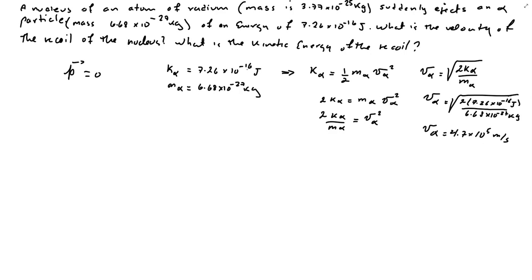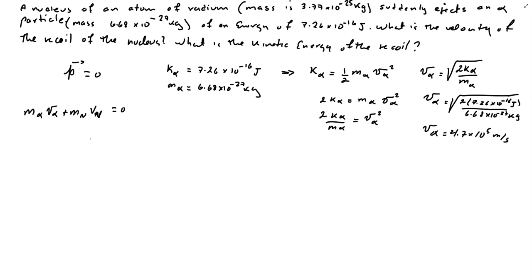Now, once we know the velocity of the alpha particle, we can use the law of conservation of momentum. As we know that the total momentum of the system will be zero, we can say that the mass of the alpha particle times the velocity of the alpha particle plus the mass of the nucleus times the velocity of the nucleus would be equal to zero.